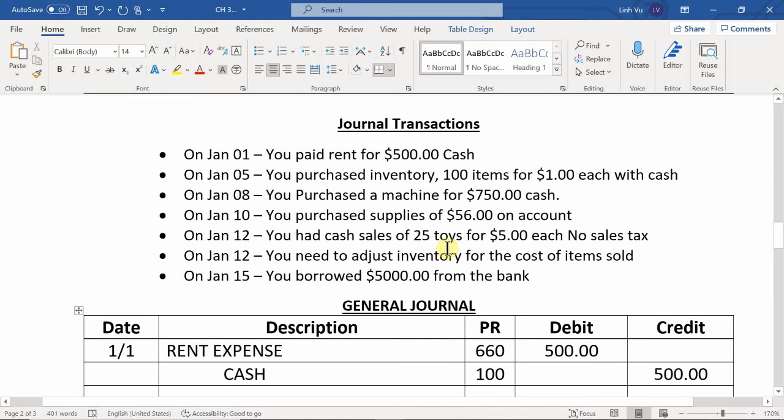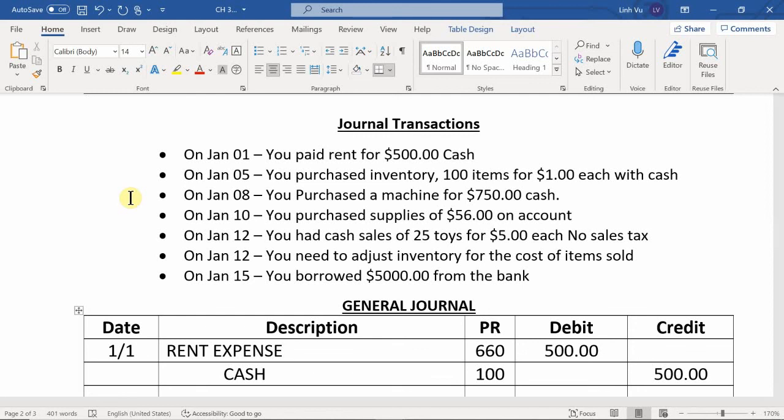If cost of goods sold is directly correlated to inventory, how do I adjust my inventory? You have 100, that's correct. But right now, how do I take the inventory out?